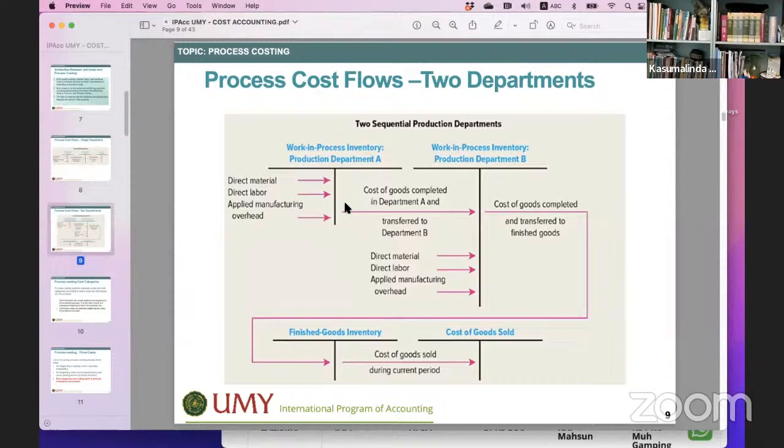Usually the process will start at the first department, for example Department A. This department will incur direct material and also conversion costs. And usually in the first department, direct material is added at the beginning, because you need the direct material, then only we can start the process.